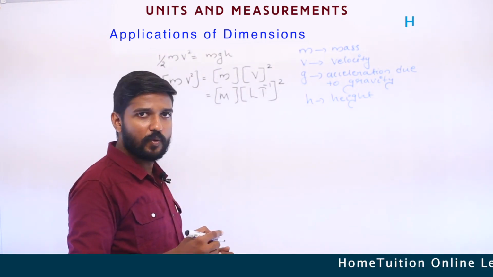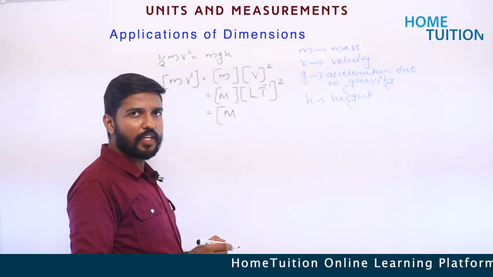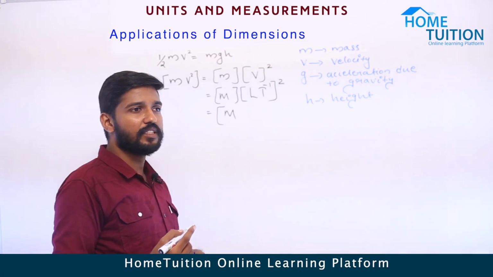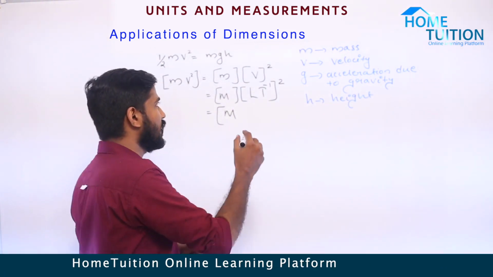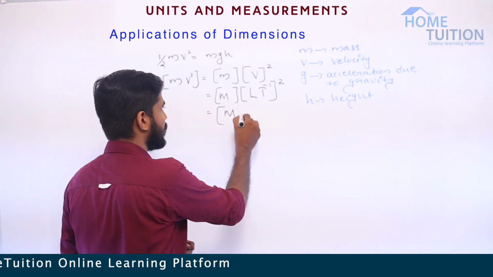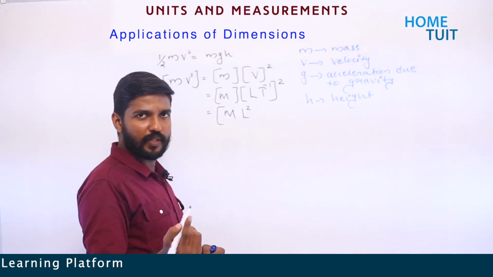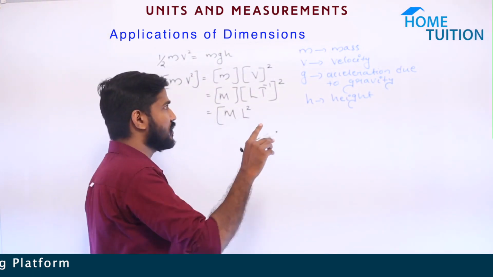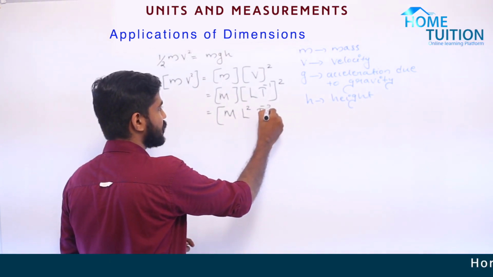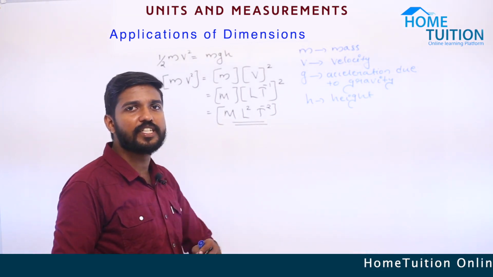L is L raised to 1, so 1 into 2 is 2, L square. And t raised to minus 1 the whole square, minus 1 into 2, minus 2. So you will get M L square t raised to minus 2.